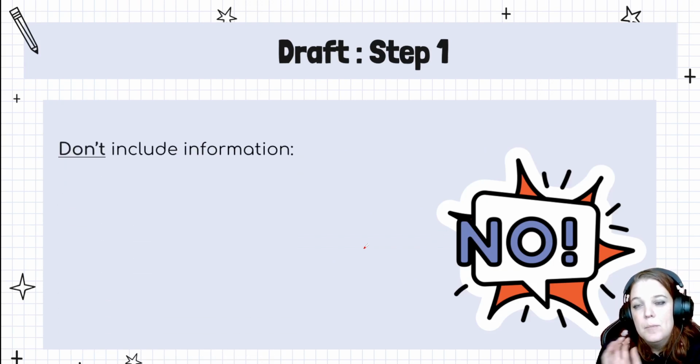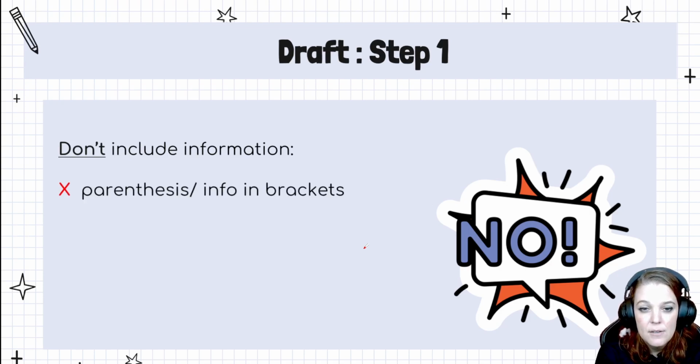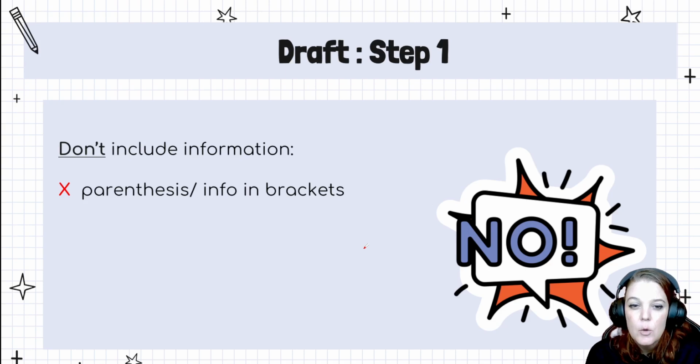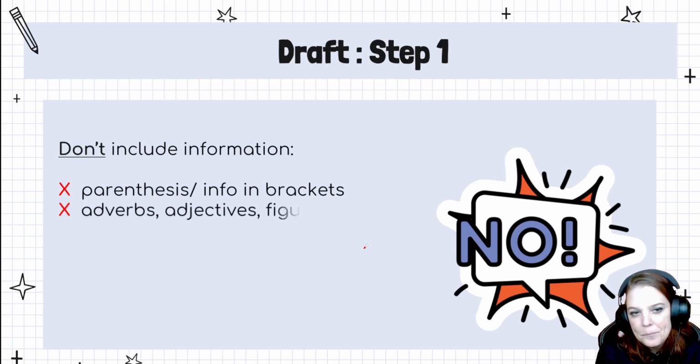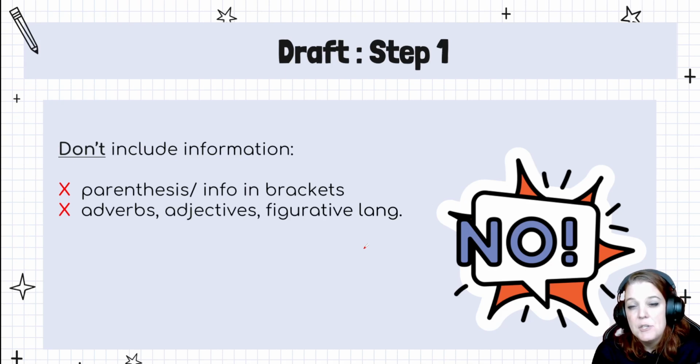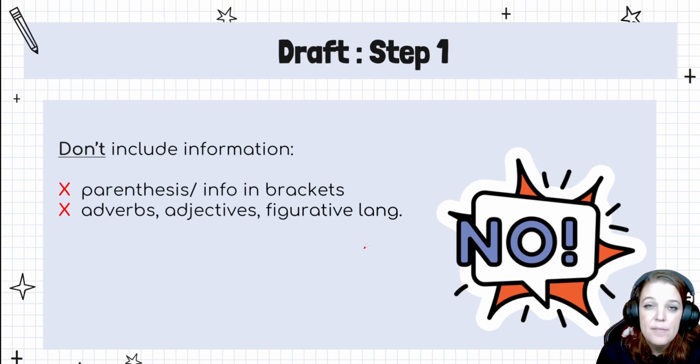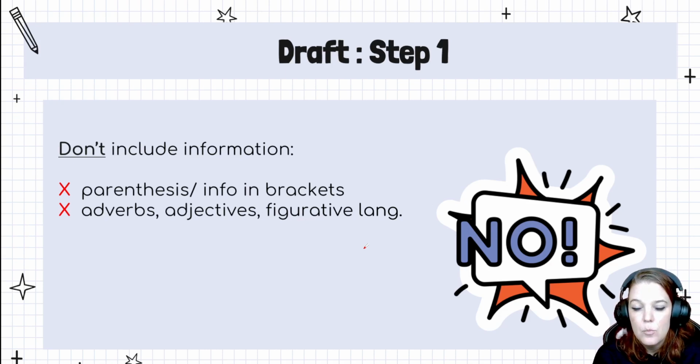Usually when we're doing summaries, we don't include this type of information. Any information that's in brackets or parentheses, we don't want to include. That's usually extra information that's not really that important for our summary. Any adverbs, adjectives, or figurative language, any flowery words that just add extra words to our word count that we cannot afford.